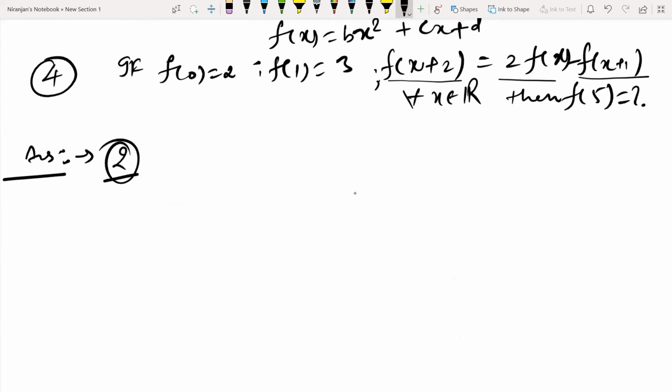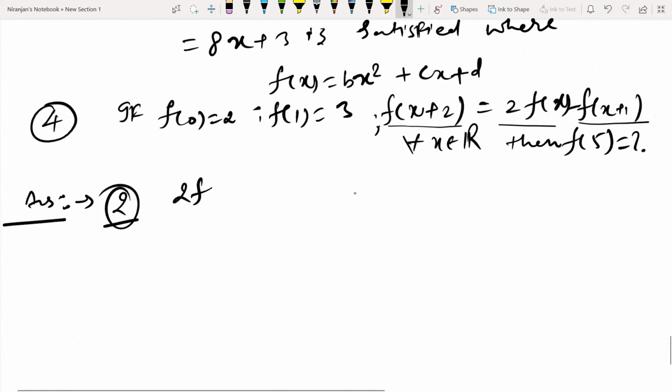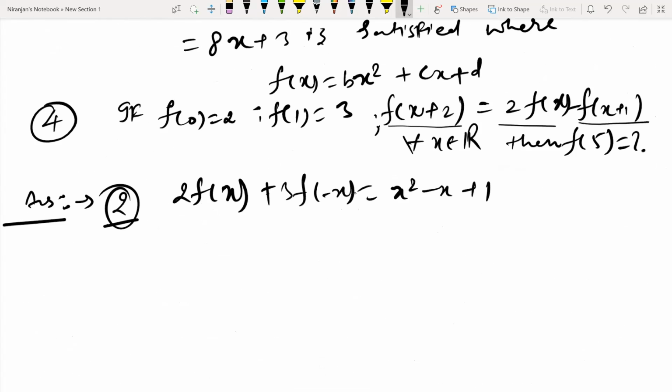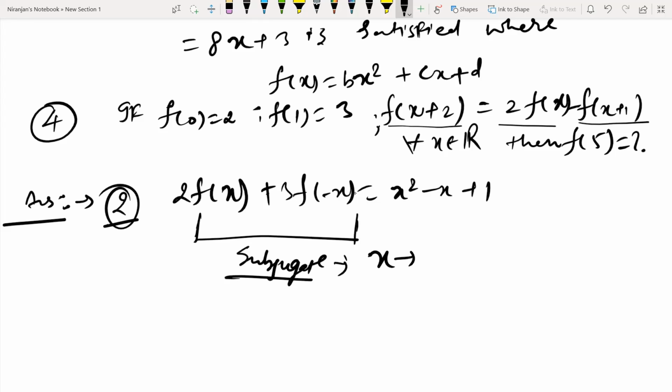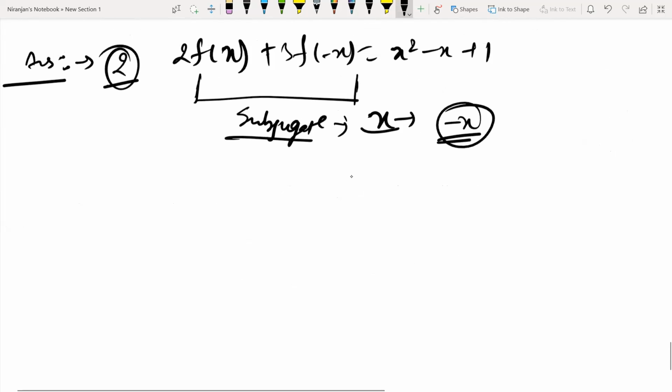So let's start with the second one because it's quite simple. 2 of f of x plus 3 of f of minus x is equal to x squared minus x plus 1. What exactly do you do whenever you get these kinds of questions? You replace every x with minus x.